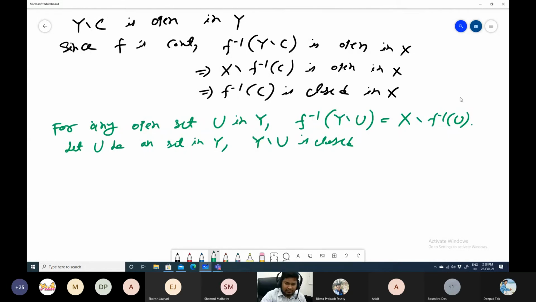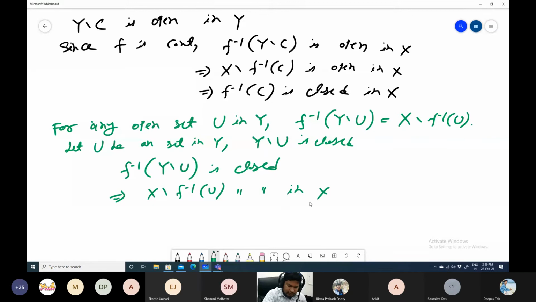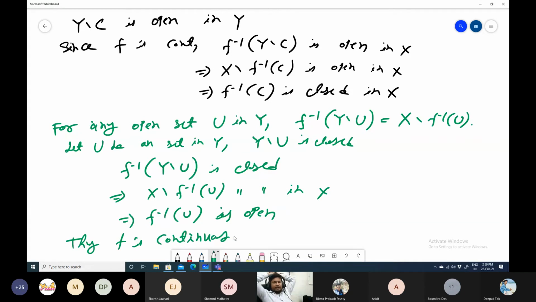Now given that f inverse of Y minus U is also closed, that implies X minus f inverse U is closed in X. That implies f inverse U is open. So thus f is continuous. So therefore it is equivalent actually: f is continuous if and only if the inverse image of any closed set is also closed.